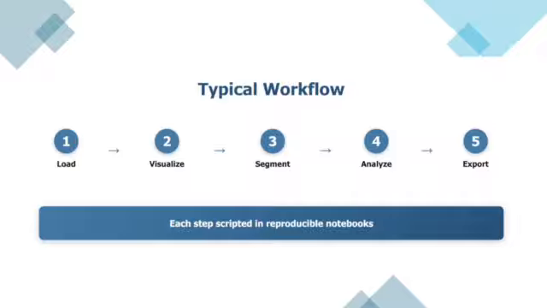When you export, that's when you could move the data back into your CGC project and combine it with another data set. In this case, I'm thinking you might use some of the measurements as a phenotype for a genome-wide association study, or combine some of these images with a single-cell RNA-seq analysis.